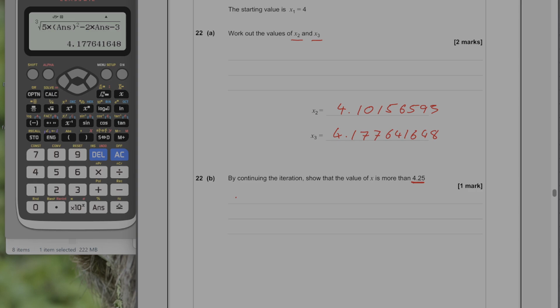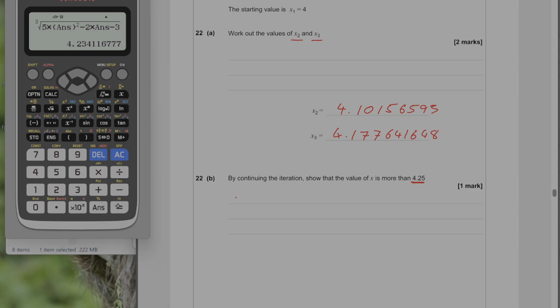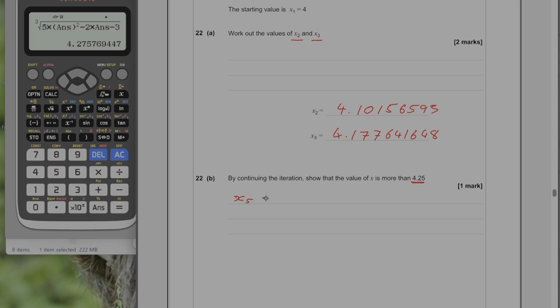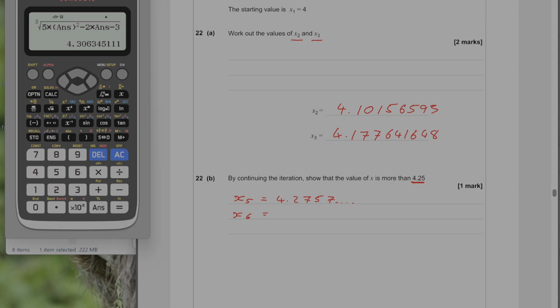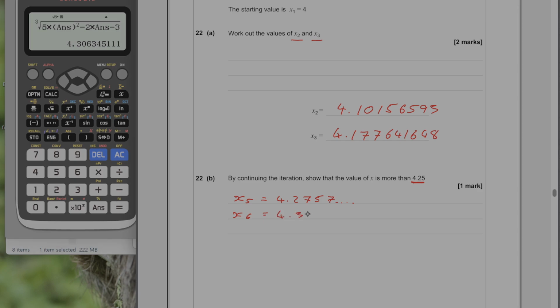That's x3, x4, x5. So x5 is equal to 4.2757, and x6 is equal to 4.30345.